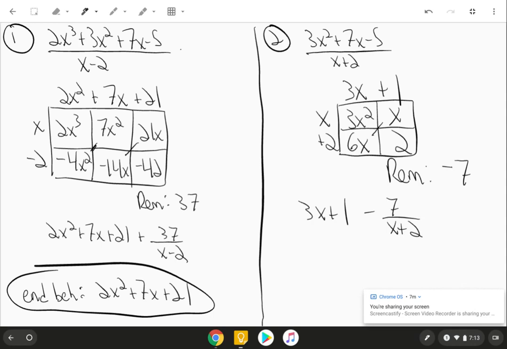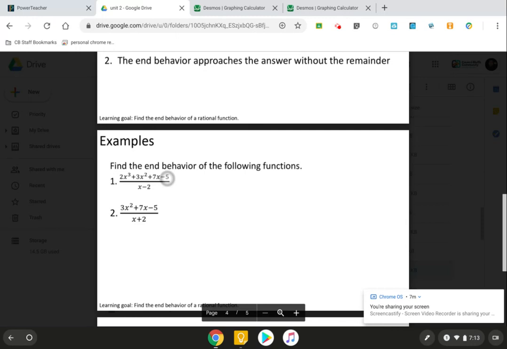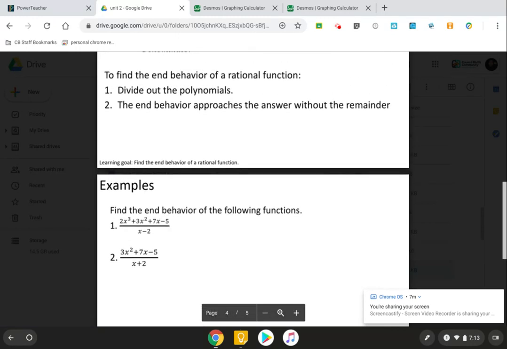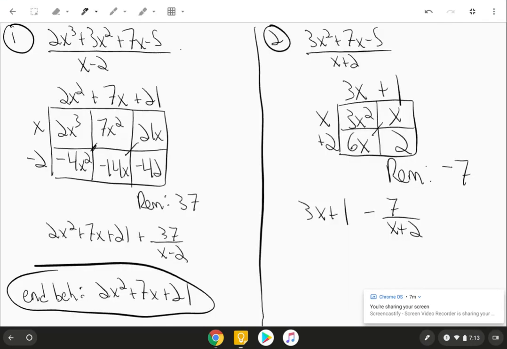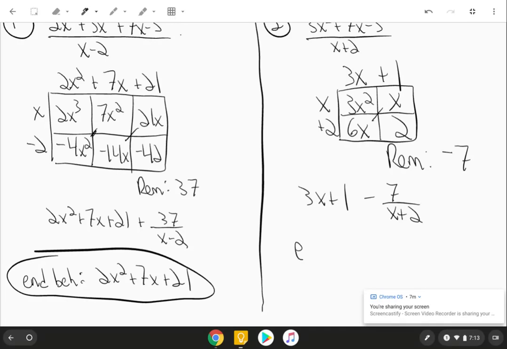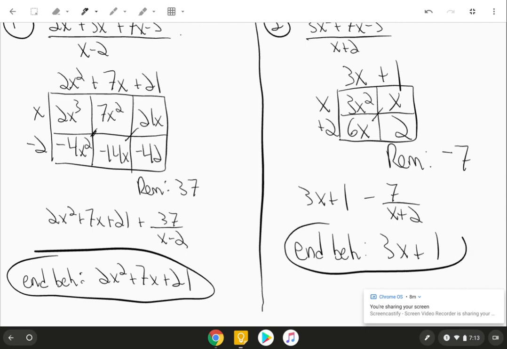And just like in the last one, our end behavior is going to be the answer without the remainder. So my end behavior for number 2 is simply 3x plus 1.